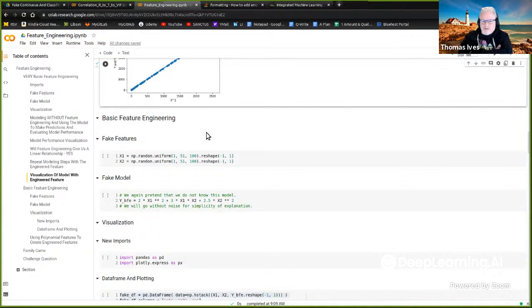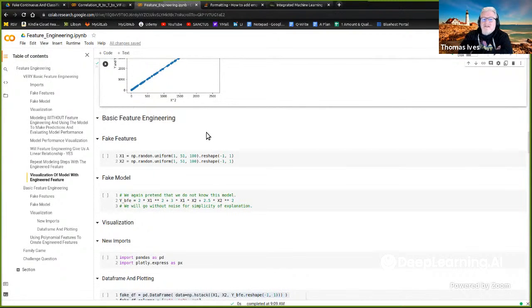We have our features, which are our inputs. We have our labels, which are our outputs. And we're looking for models that will predict well. But sometimes the features that we start with are not in the form that we need to have a model that predicts well.